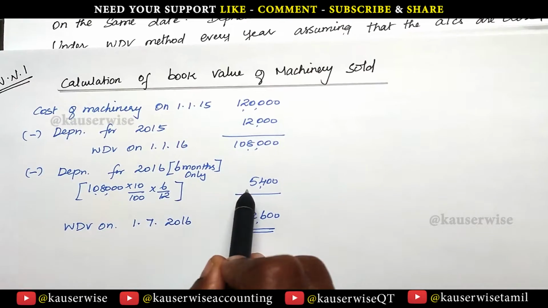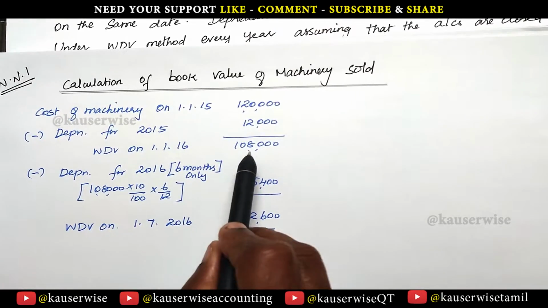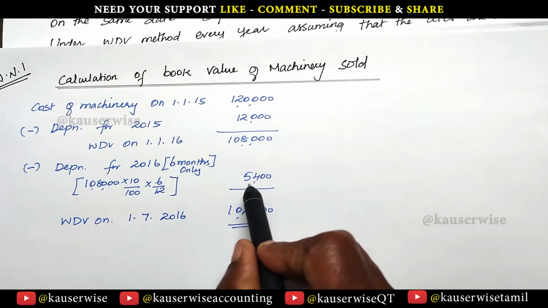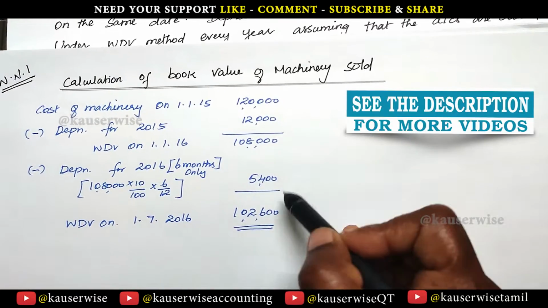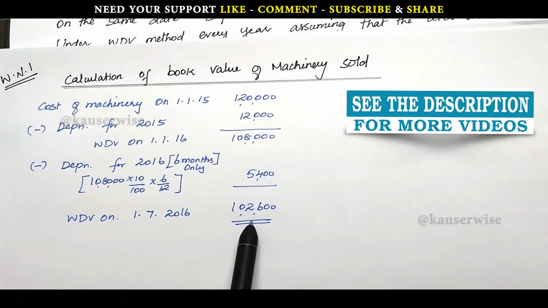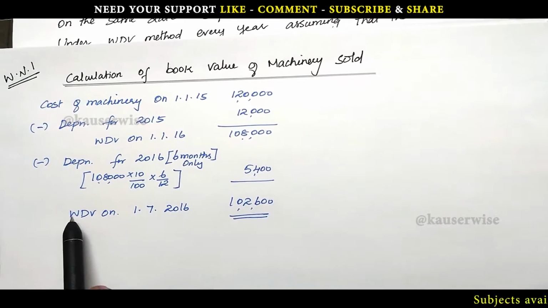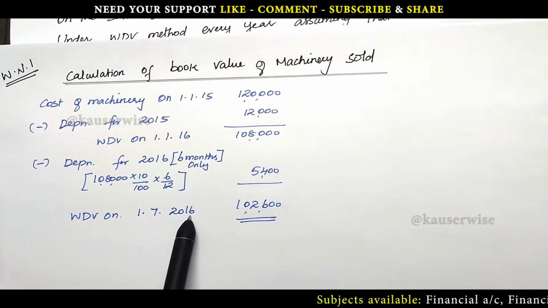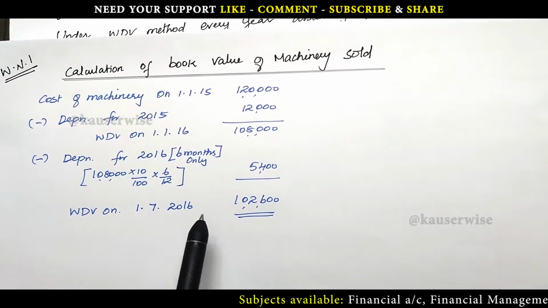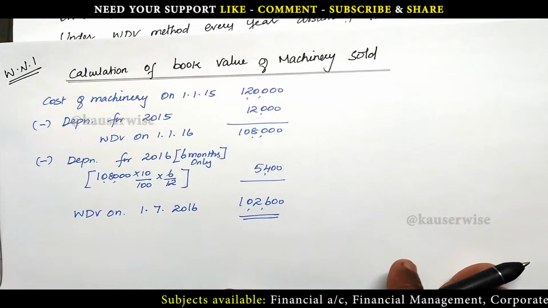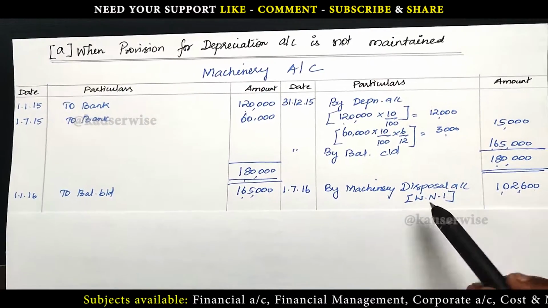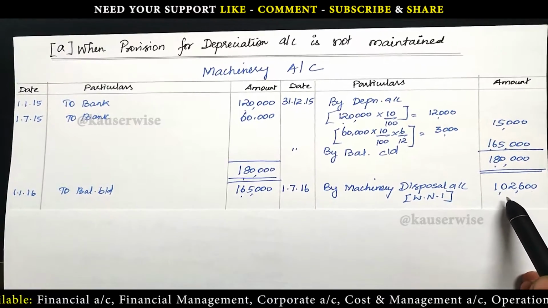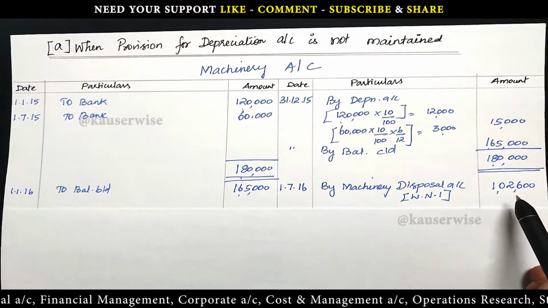How much? 1,08,000 into 10 percentage into 6 by 12. You'll be getting 5,400. So the balancing figure, 1,02,600, is the written down value on 1/7/2016, on the date of sale of machinery. Now see the solution. As per working note 1, we have calculated the value of machinery as on the date of sale. How much?